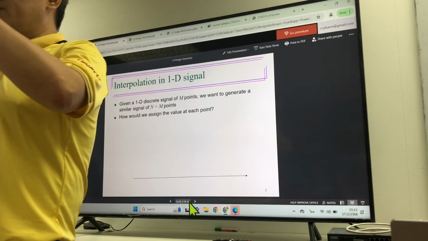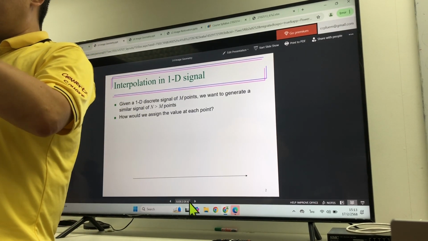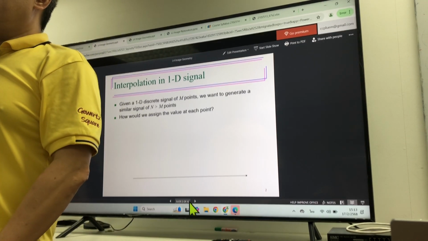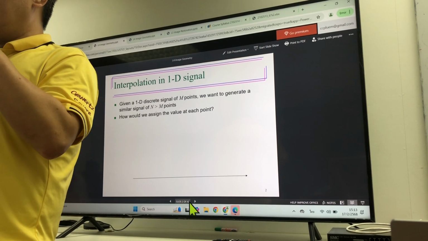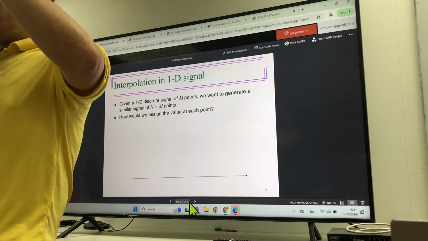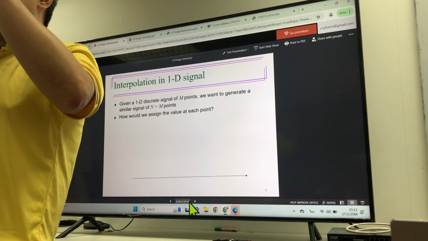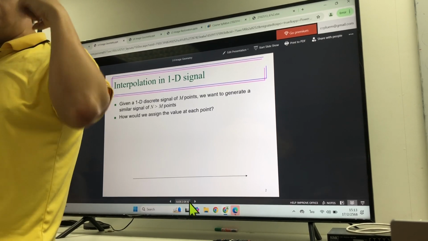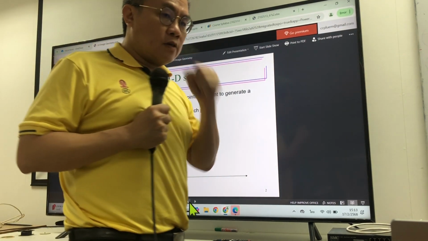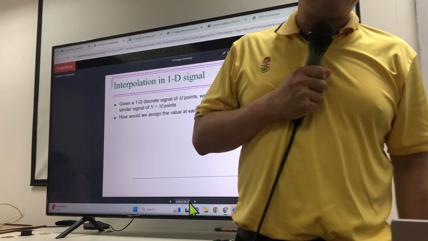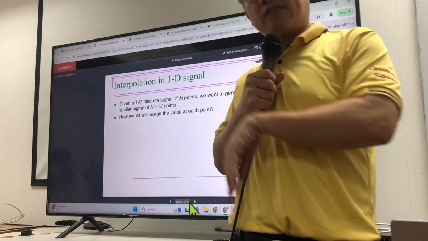However, when you change the position of the pixel or the image geometry, you need to do two things. You not only do the image geometry transformation, you also need to do interpolation. We can talk about interpolation first, but actually it's the last step.